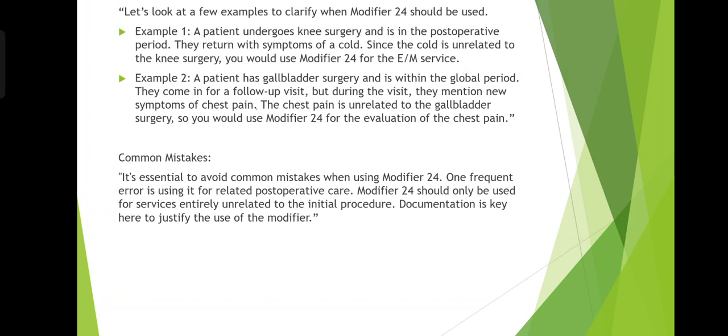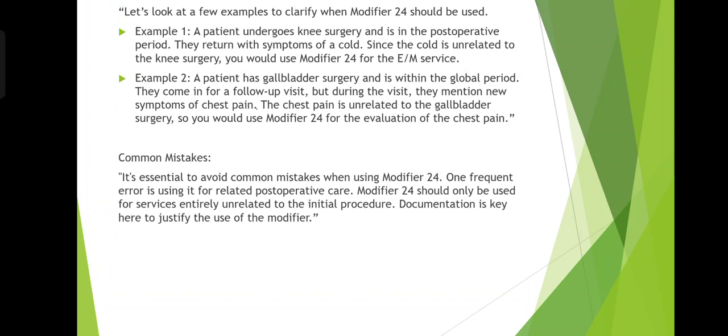Now he returned to the same physician with the complaint of a cold. This cold is completely unrelated to the knee surgery.